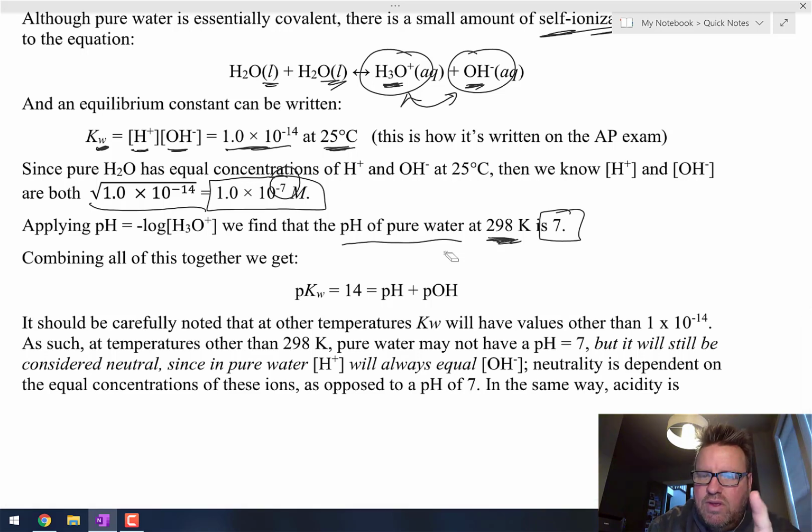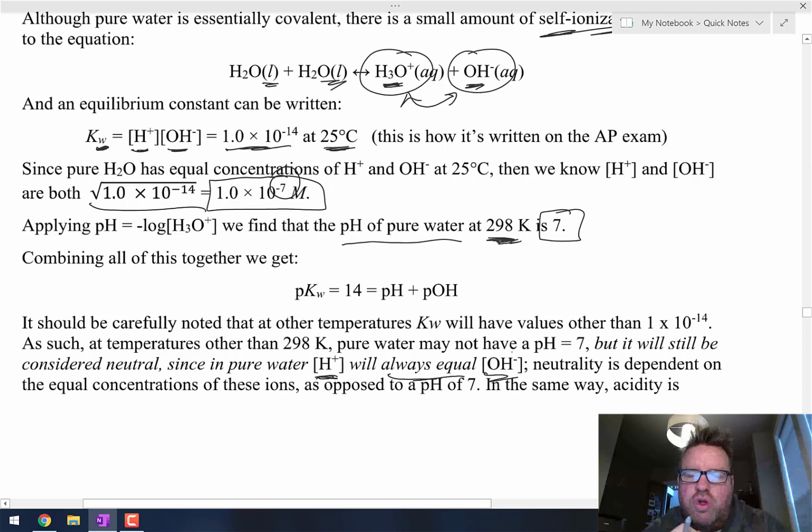But water is still considered neutral whether the pH is a little bit less than 7 or a little bit more than 7, because the hydrogen ion concentration is equal to the hydroxide ion concentration. Whether water is neutral or not is dependent on the concentration of these ions. It's not dependent on the pH.